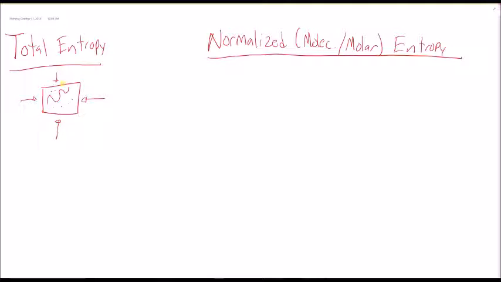The entropy I get out from this measurement, this S, is a total entropy. This box may have many molecules inside, many moles, many compounds inside the box. And as a result, the entropy I get is not a representation of an individual molecule or individual mole. Instead, it's a representation of the whole box.